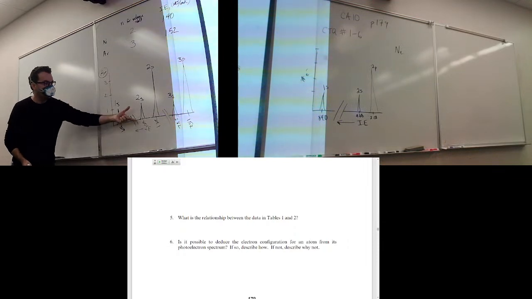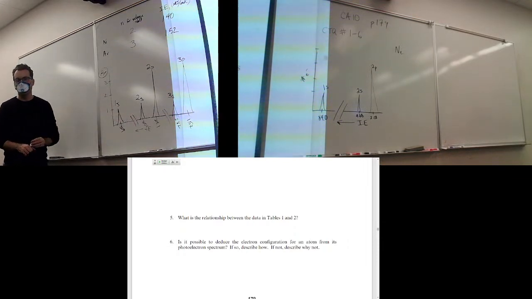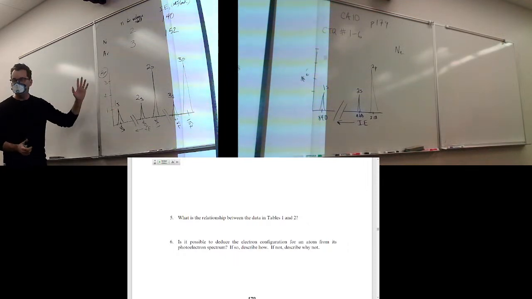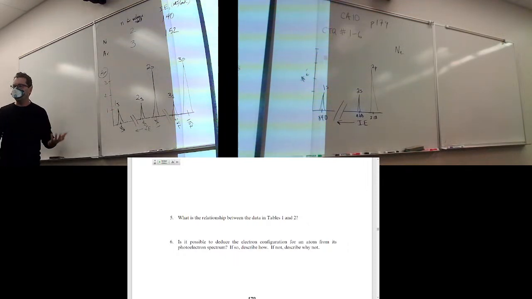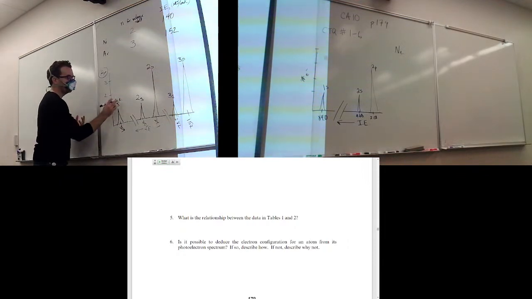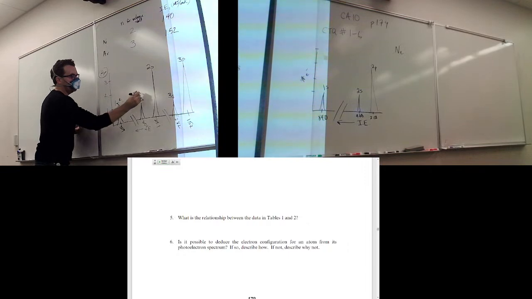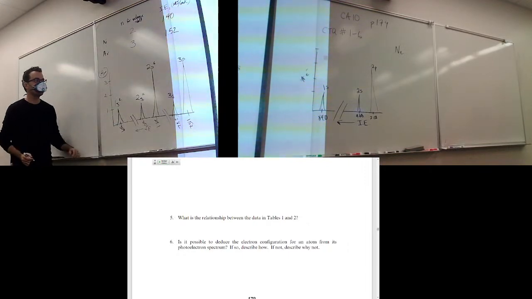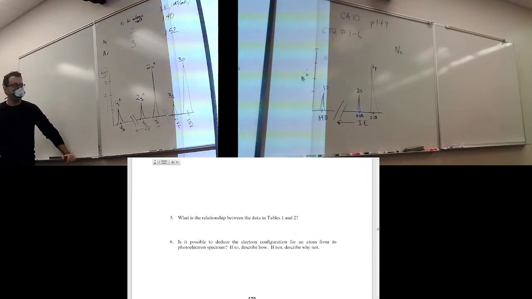And then the heights of the peaks will tell you how many electrons there are. Now, you might say, how do we know it's 1 versus 2, double everything? You're going to learn that as well. The S subshell can hold a max of 2 electrons, and so this thing is full. The S subshell holds a max of 2. The P subshell holds a max of 6. Why does that make sense?